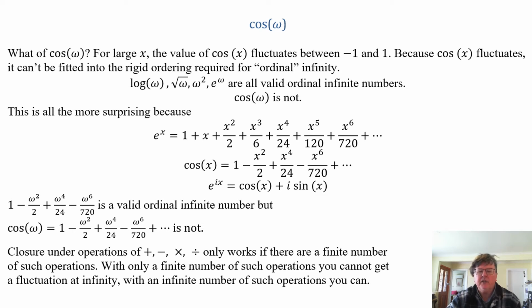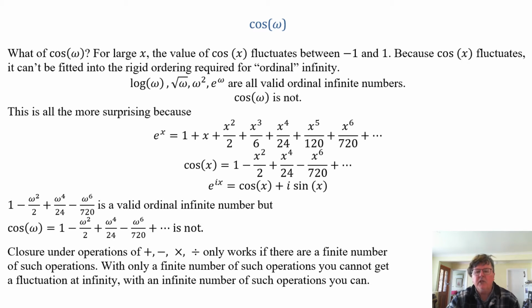Now 1 plus omega squared on 2 plus omega to the 4th on 24 minus omega to the 6th on 720 is a perfectly valid ordinal infinite number. But cos of infinity, which is the same continued on to infinity, is not.